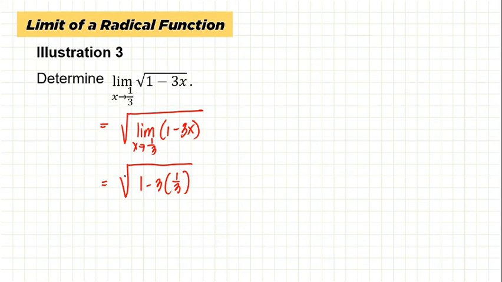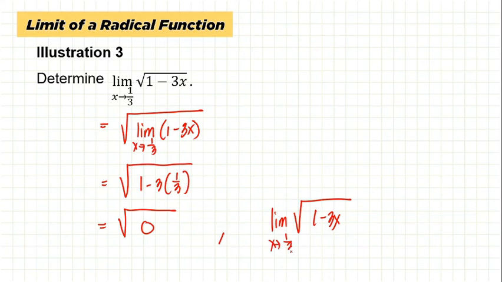So, let's check if yung nasa loob ay greater than 0. In this case, 1 minus 3 times 1/3 is just 0. And since yung nasa loob is not greater than 0, we will conclude that the limit of 1 minus 3x as x approaches 1/3 does not exist.